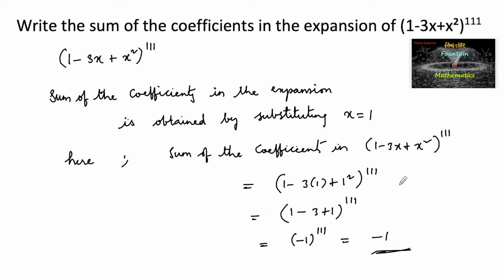So the sum of the coefficients in the expansion of (1 − 3x + x²)^111 is minus 1. Okay.